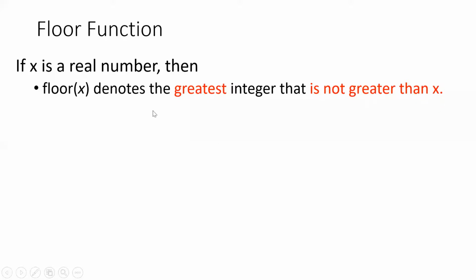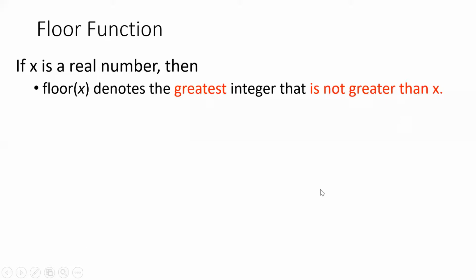First, you find all the integers greater than 3.4. You know that 4, 5, 6, all these are greater than 3.4, right? Now, which is not greater than 3.4. Not greater means which is lesser than 3.4, right?